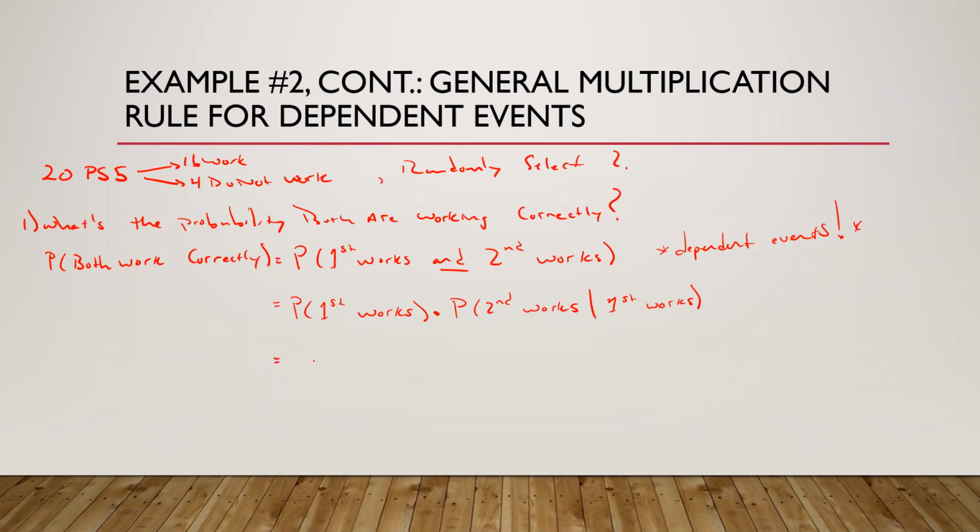What's the probability that the first PlayStation 5 works? How many working ones are there? 16. And how many total PlayStation 5s are there? 20. Now, when you go to select the second one, if the first one worked, how many working PlayStations are left to select? Yep. And then how many total PlayStations are left now? 19. And that's it.